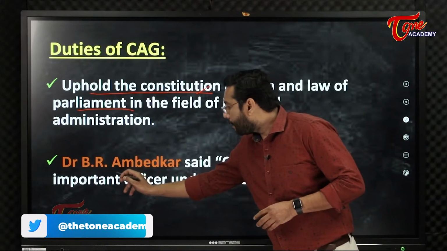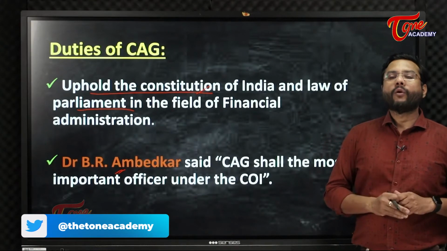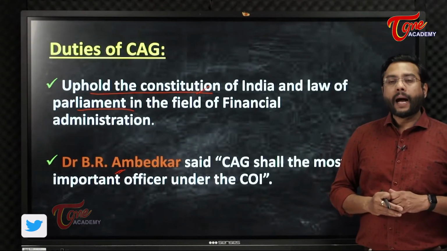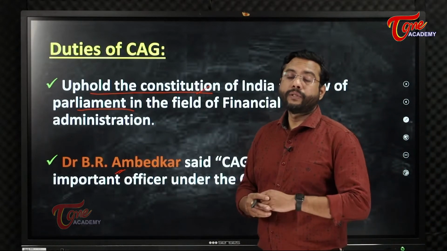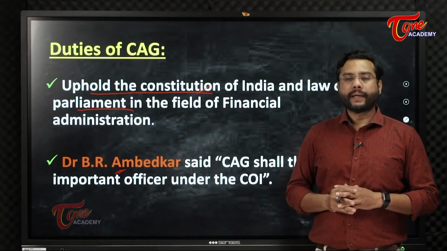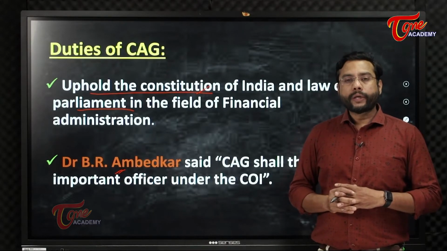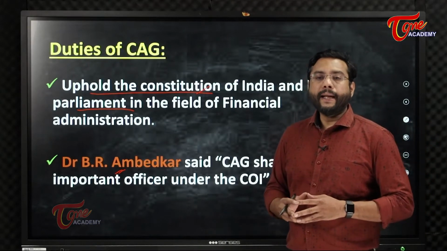And Dr. B.R. Ambedkar has called the CAG a very important office under the Constitution of India, a bulwark of the democratic system. When we say bulwark, it is the protector of the democratic system. The other important offices are the Supreme Court, UPSC and the Election Commission.